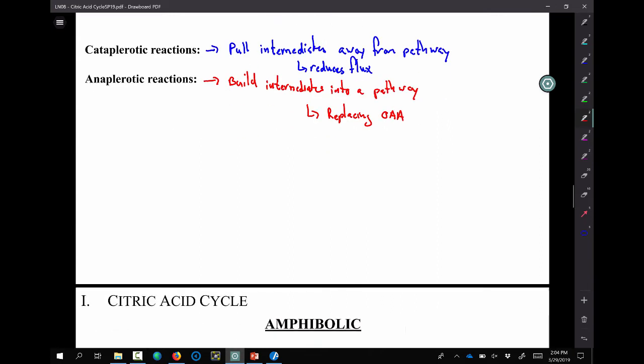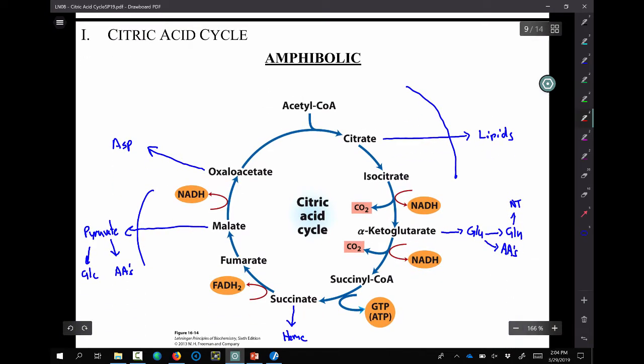Now let me go ahead and show you what we mean by that. It turns out that the amino acid glutamate, really glutamine, would be a good place to start. Glutamine can be converted directly to glutamate by a single step. That then, by another single step, can be converted to alpha-ketoglutarate. That will feed carbons into the citric acid cycle.